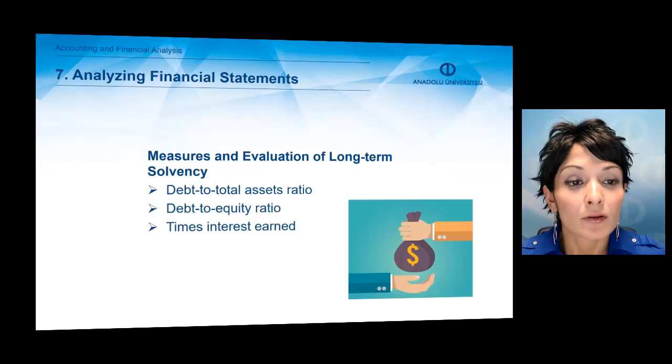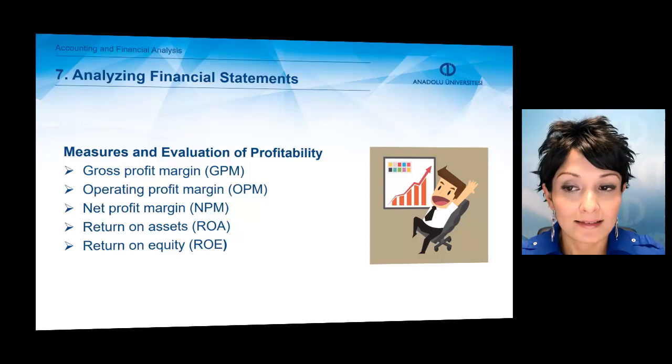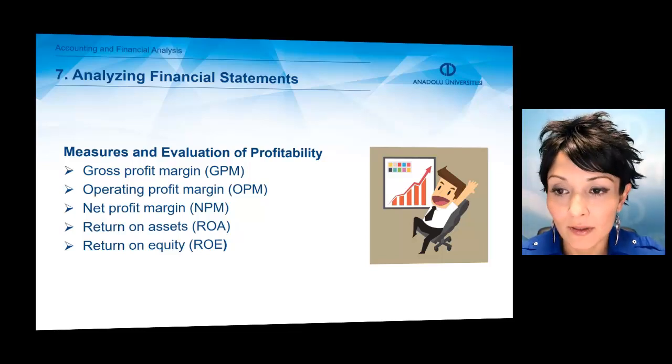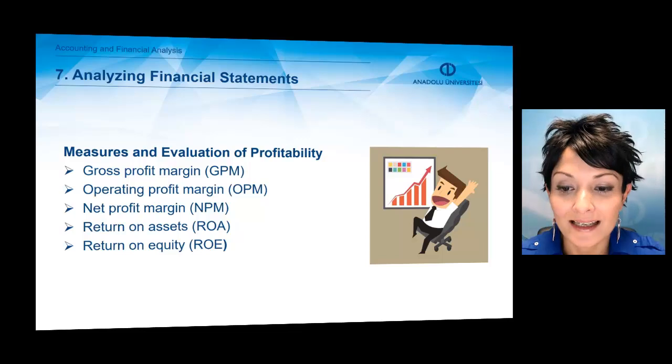To measure and evaluate long-term solvency, debt to total assets ratio, debt to equity ratio, and times interest earned can be used. And lastly, to measure and evaluate profitability, we can use gross profit margin, operating profit margin, net profit margin, return on assets, and return on equity.